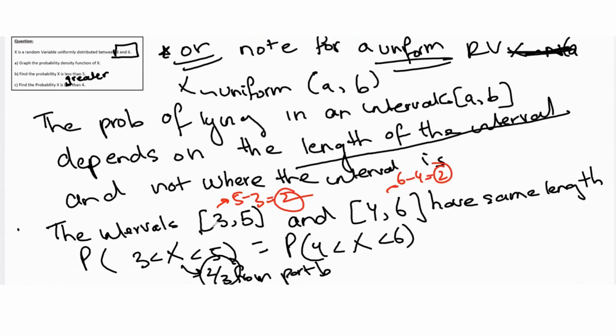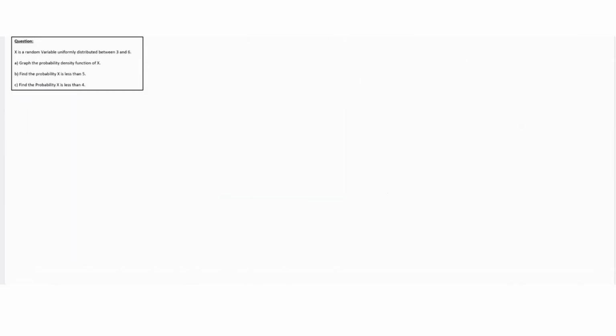Both intervals, 3 to 5 and 4 to 6, have the same length, so the probabilities are the same. We didn't have to calculate the probability for C. It would have been the same as B because of this property, so we could have done this without integrating as well.